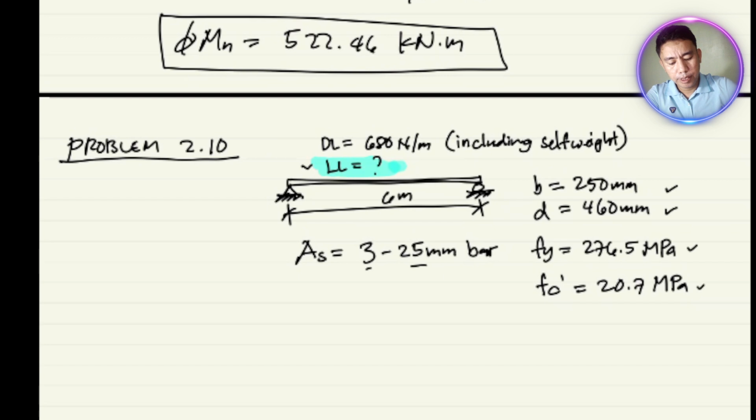Di ba, ang approach natin dyan, kung given ang hanapin natin yung load, di ba mayroon tayong formula na Mu, kung ang load case natin is dead load and live load lang, the load combination for Mu is 1.2 M dead load plus 1.6 M live load.